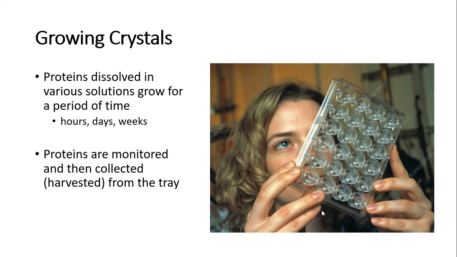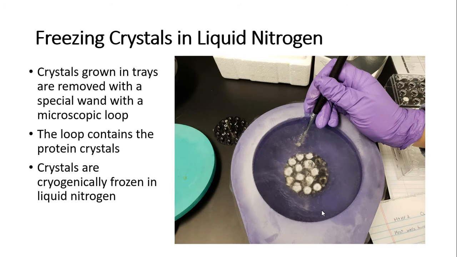And so after the proteins are formed, we collect them and harvest them from the tray. And when we do this, we remove them with a special wand that has a little microscopic loop on the end. That loop basically has a little piece of monofilament. And if you look in this image, you'll see over here there's a little plastic tray. These are what the loops are on.